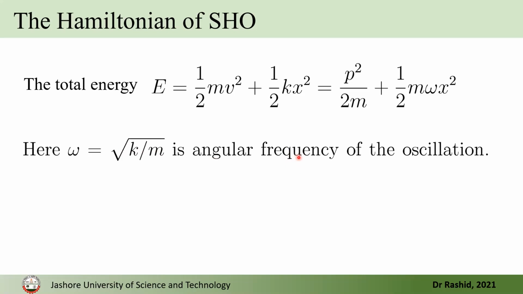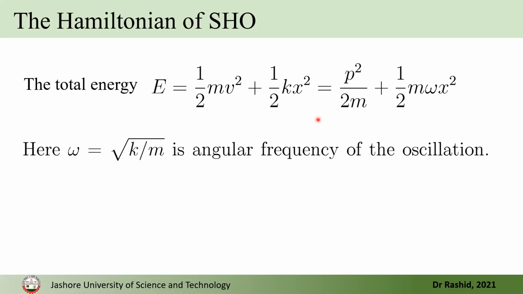Now, in quantum mechanics, to solve the problem, we first need to construct the Hamiltonian. Then we solve the Schrodinger equation to get the wave function for the system. Then using the wave function, we can extract all the other information for the system.